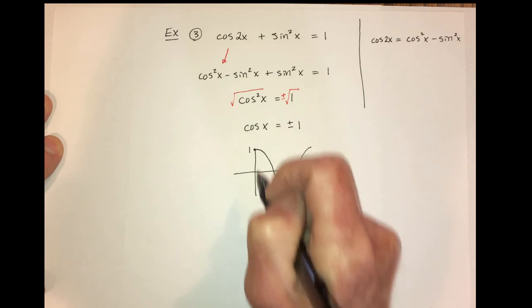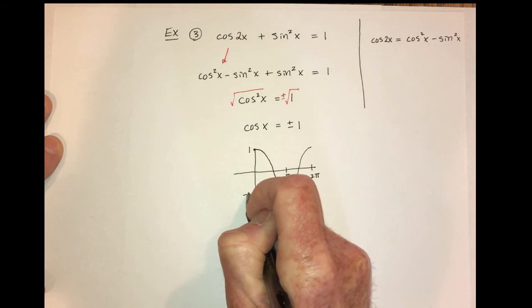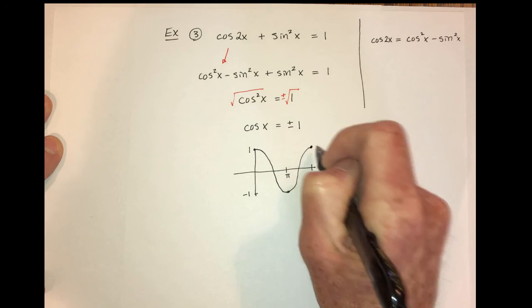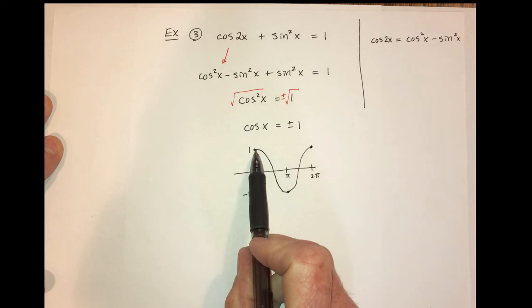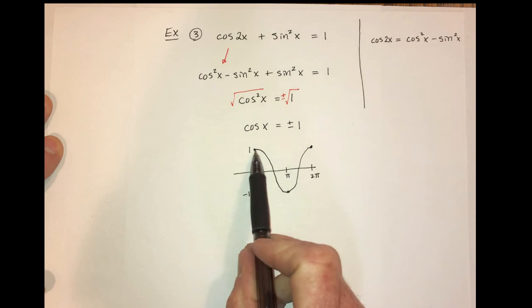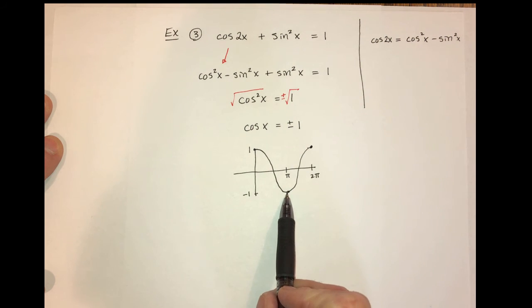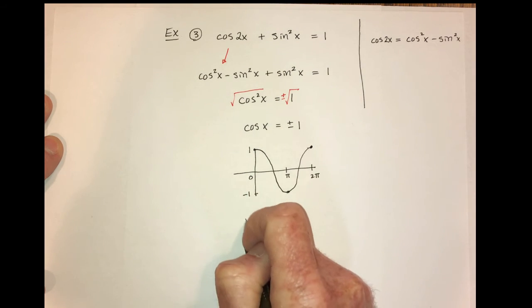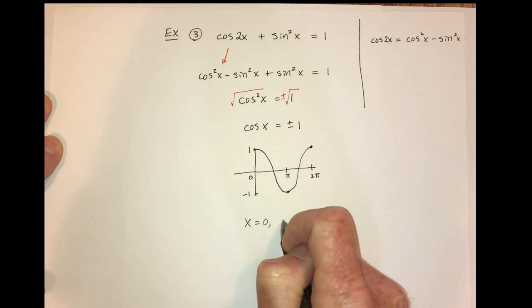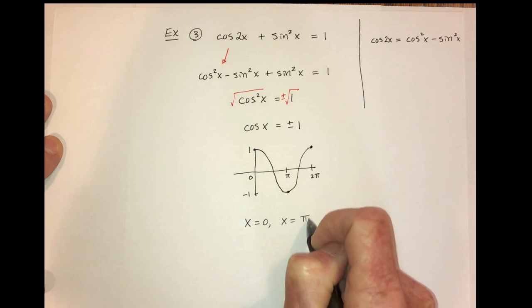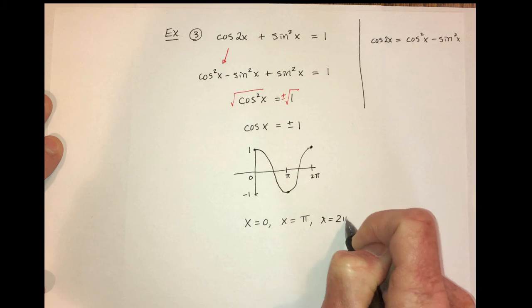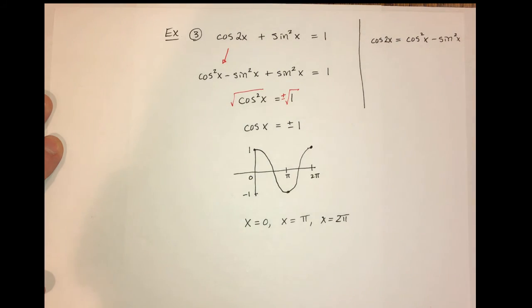It's equal to 1 right here, and it's equal to negative 1 right here. So if we're going from 0 to 2 pi, there's actually 3 answers. So right here is when it's equal to positive 1, these 2, and right here is when it's equal to negative 1. So the answers are going to be 0, pi, and 2 pi. That one wasn't too bad.